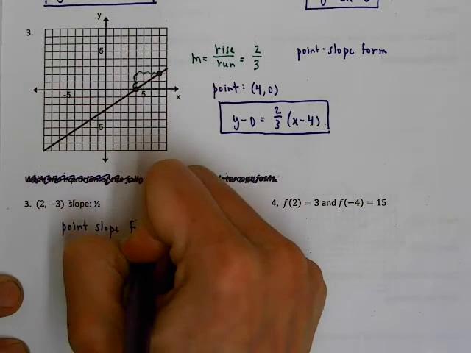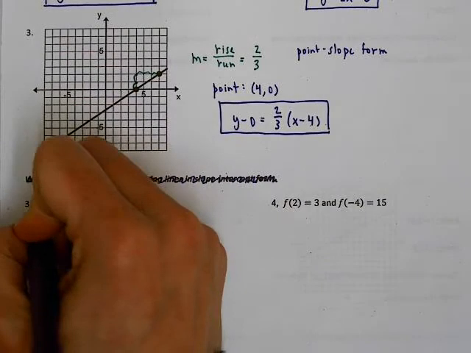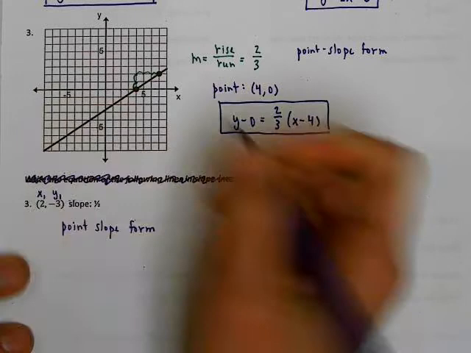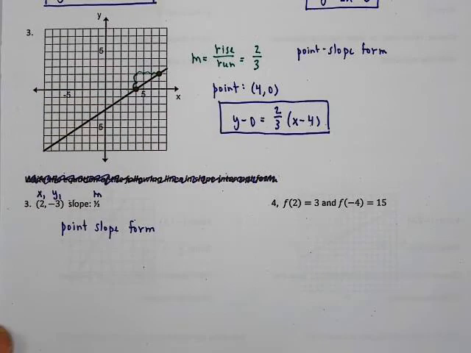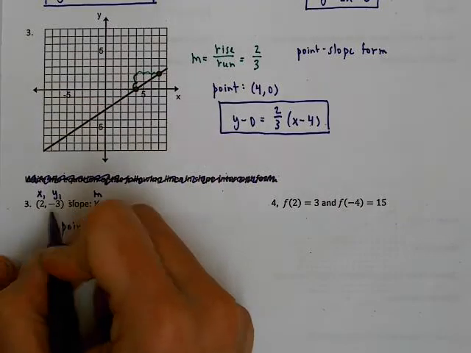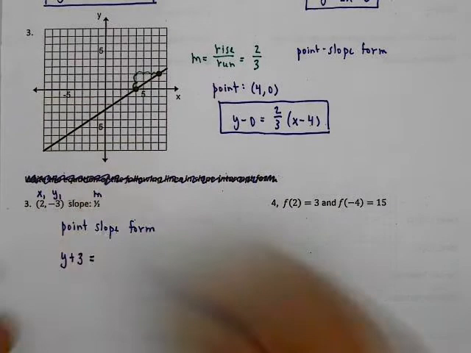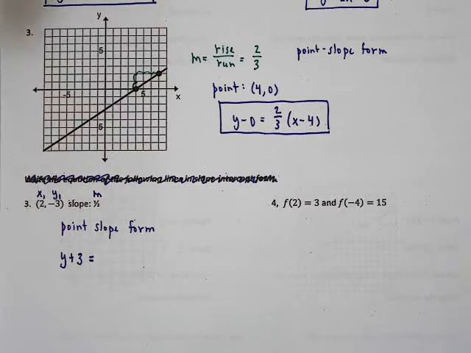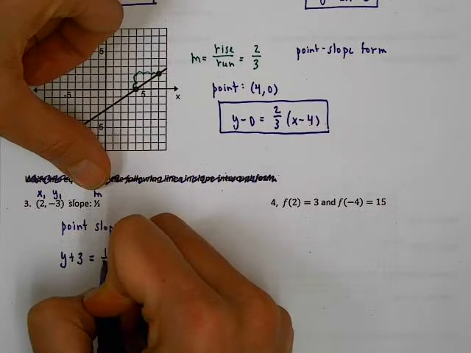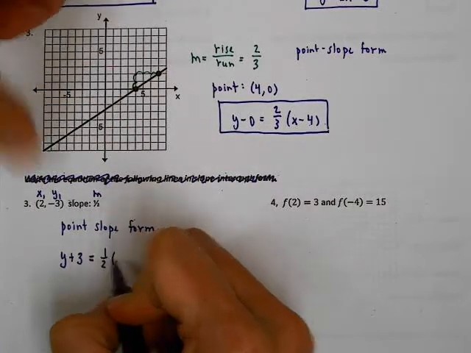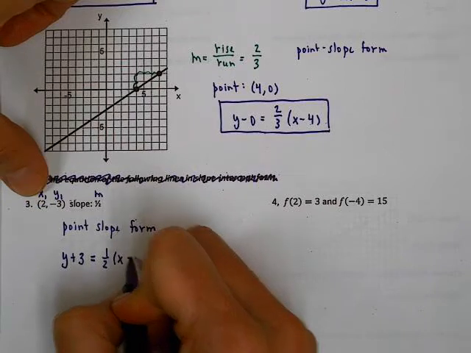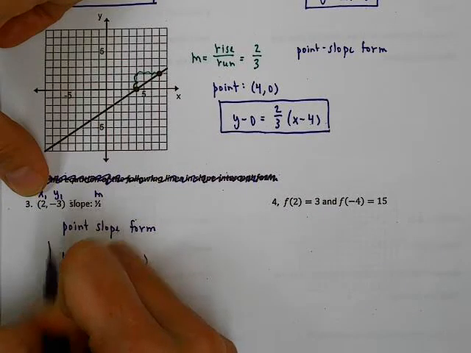I've got my x1 and y1, and my slope is m. So I know y minus a negative 3, which gives me a plus 3, equals the m, which is 1/2, times parentheses x minus x1, or x minus 2.